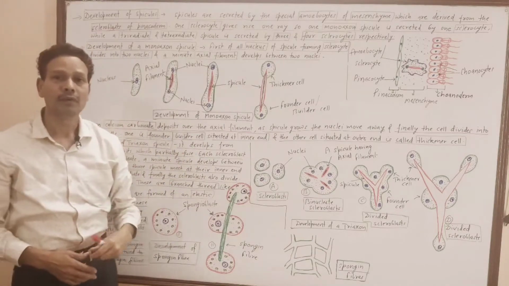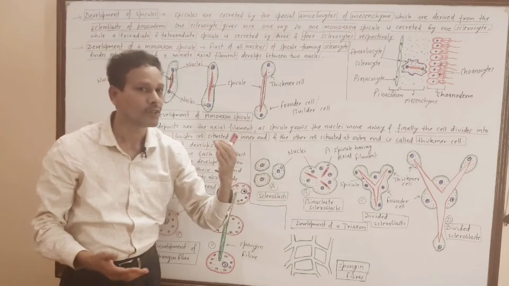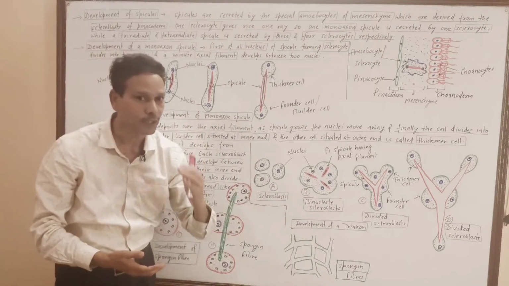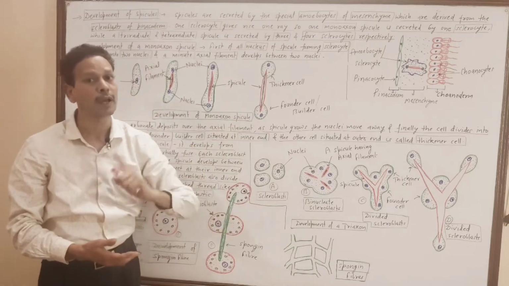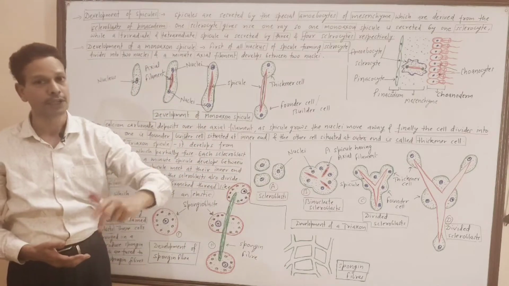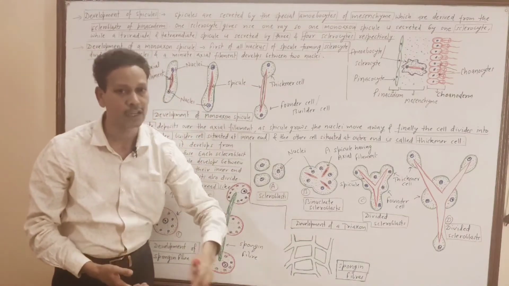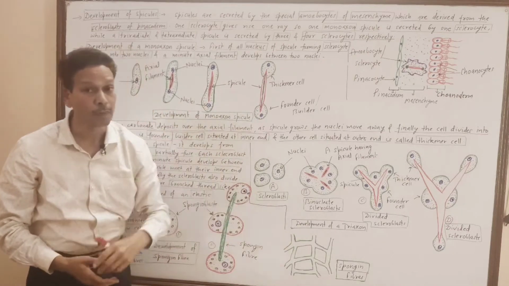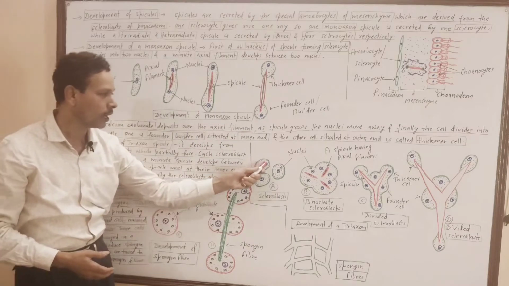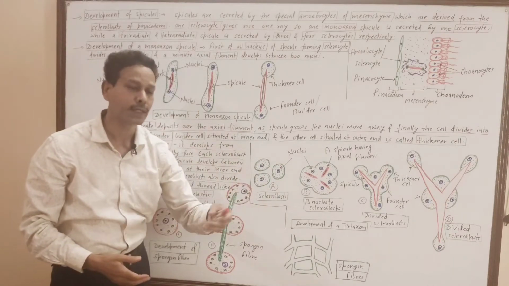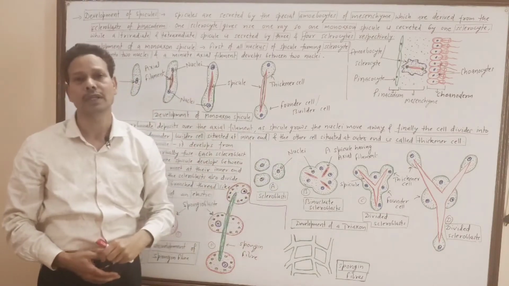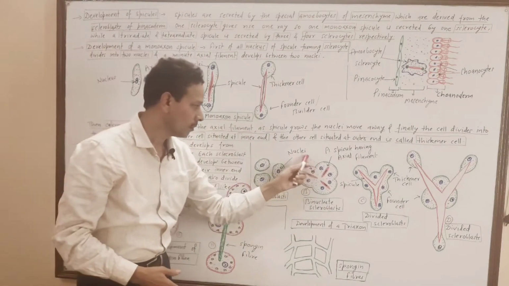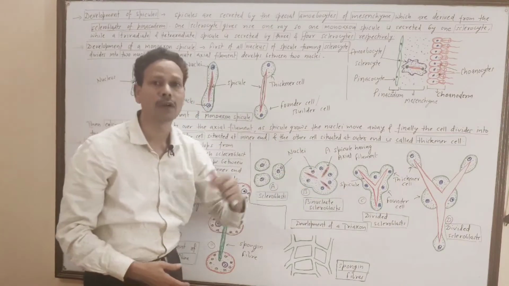Development of triaxon spicule. Dear students, as we know, one ray is produced by one scleroblast. So in a triaxon spicule, three scleroblasts come close to each other and partially fuse.